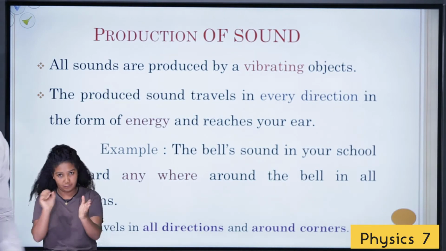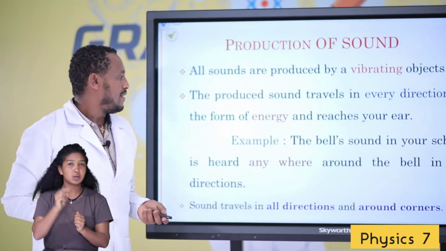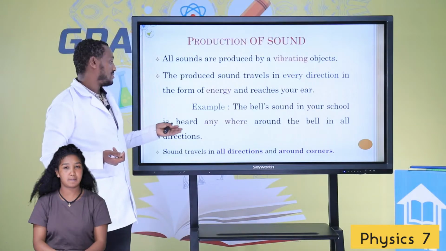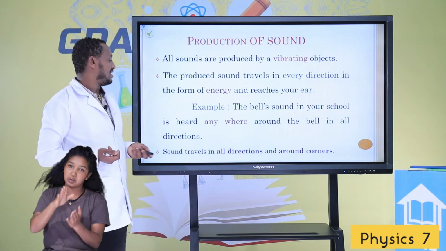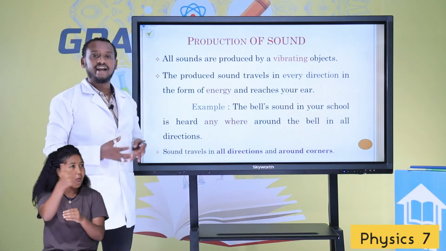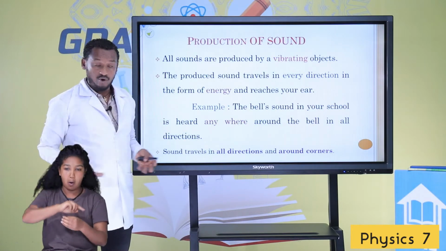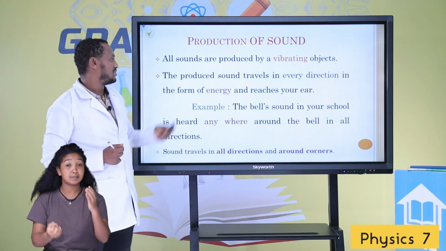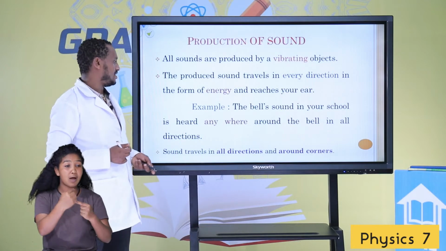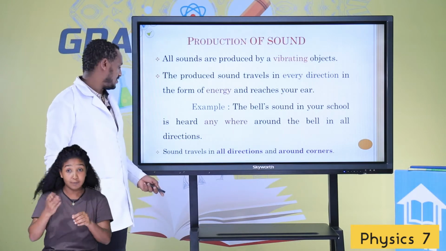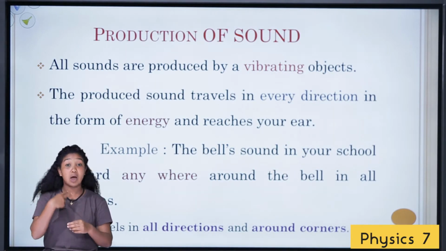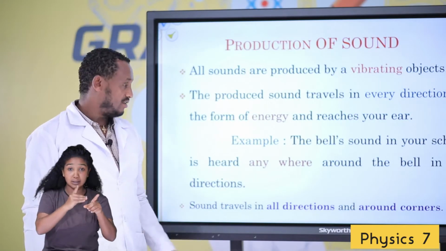For example, students, the bell sound in your school is heard anywhere around the bell or around the school. So we can say that sound travels in all directions and around the corner.